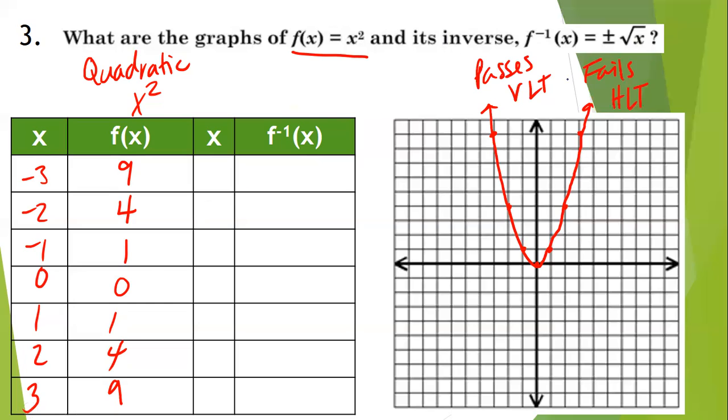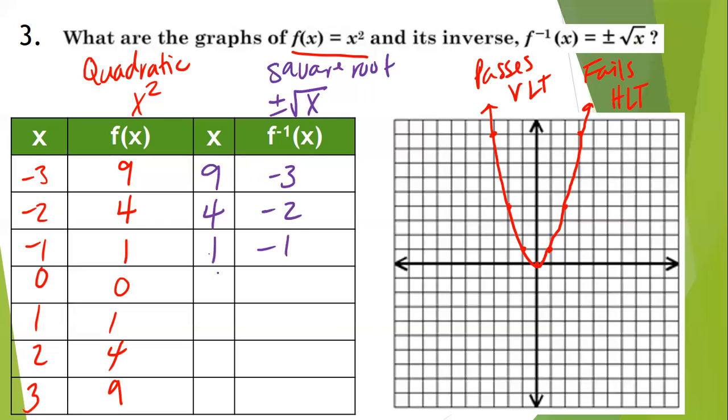So looking here, its inverse, what is the opposite of the quadratic? The square root, right? And when we take the square root, it creates a plus or minus of that. If I was to do the inverse, so instead of graphing -3, 9, what would I be graphing? 9, -3. Instead of graphing 2, 4, it will be 4, 2.